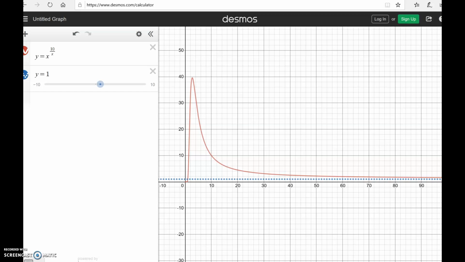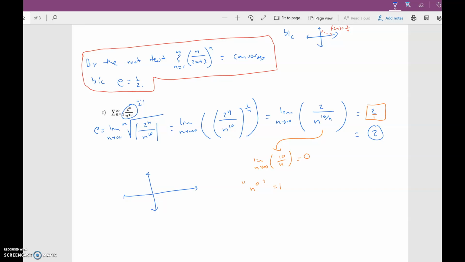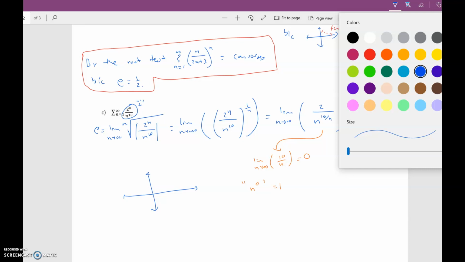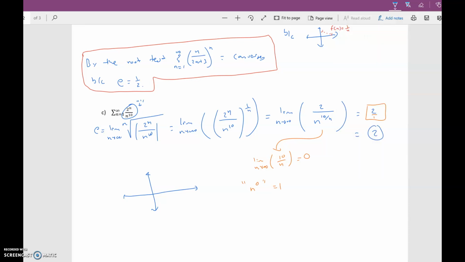This is a limit that appears in Calc 1. At 1, it's coming from up here, and then it's just going to level off at the value of 1. So you're going to have this asymptote. So this is just f of n, which is equal to n to the 10 divided by n.